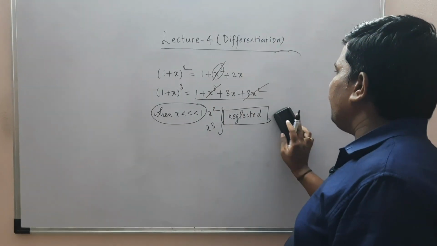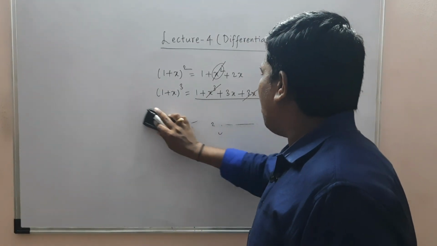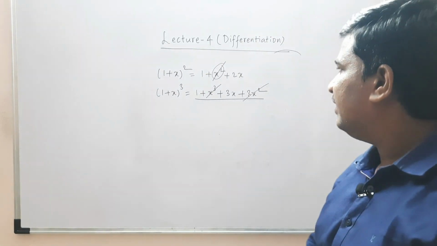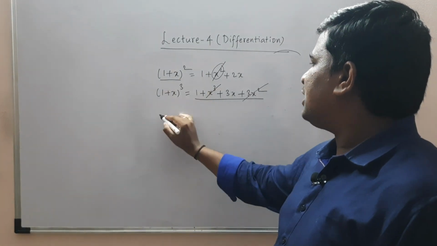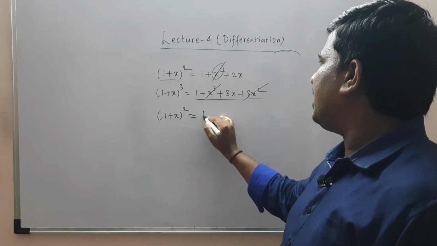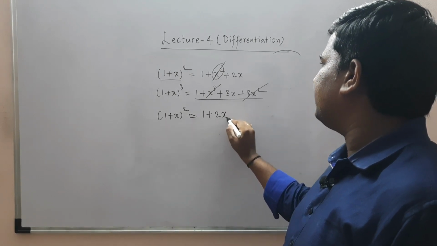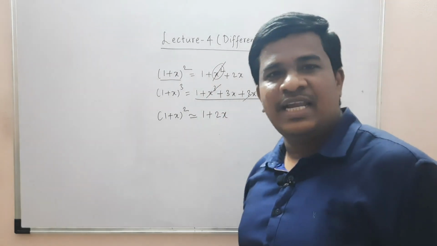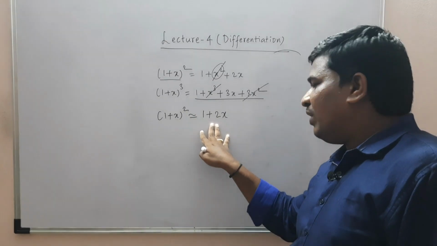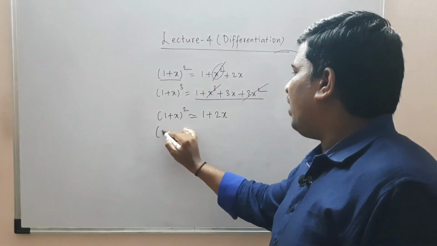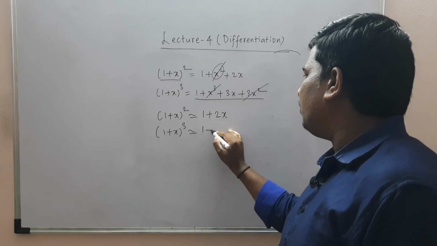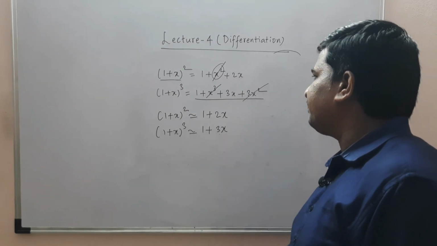So when x is very small, as these higher powers of x can be neglected, now this particular expansion 1 plus x whole square can be approximated to 1 plus 2x, because as x square is neglected, this expansion is equal to 1 plus 2x, and 1 plus x whole cube is approximated to 1 plus 3x.